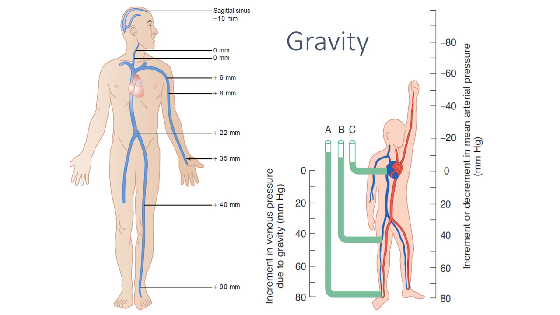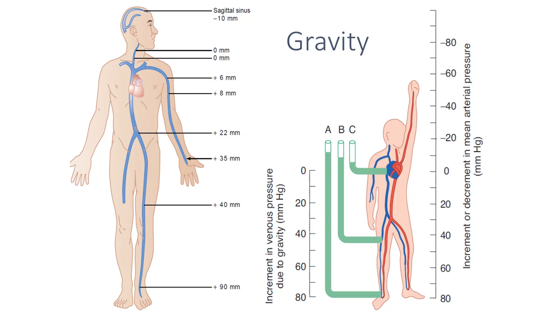For example, venous pressure in an upright standing person in a fixed situation is about 90 millimeters mercury, and the pressure near the heart is considered as 0, and pressure in the feet is considered as 90 millimeters mercury, and the pressure in the head is considered negative. For example, in the sagittal sinus, pressure is about minus 10 millimeters mercury.